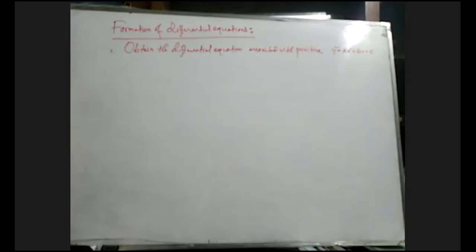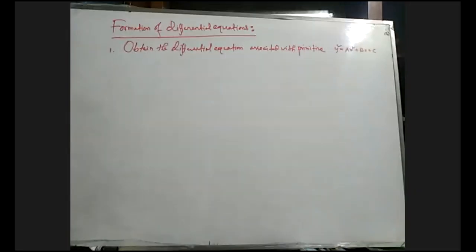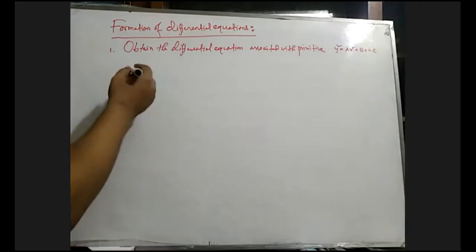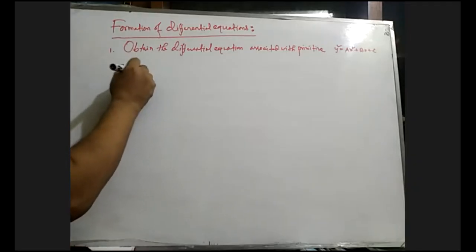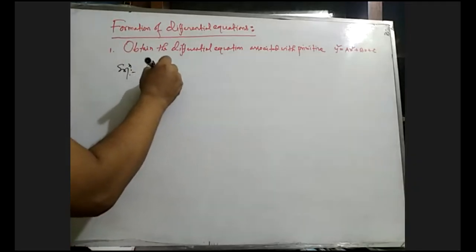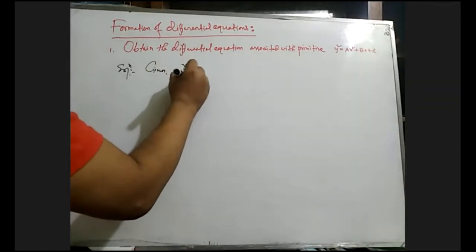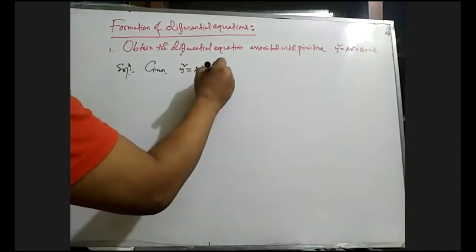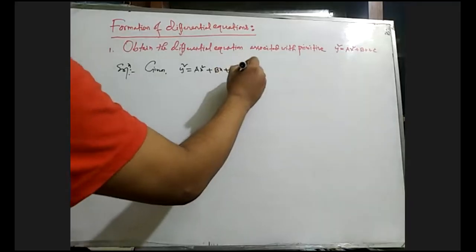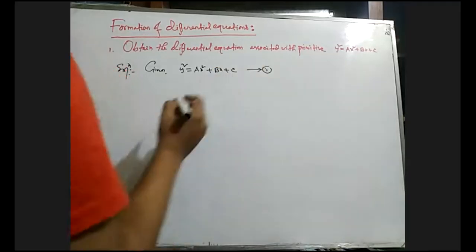So how to form differential equations? By removing arbitrary constants. The given equation is y square equals ax square plus bx plus c. This is equation number 1.